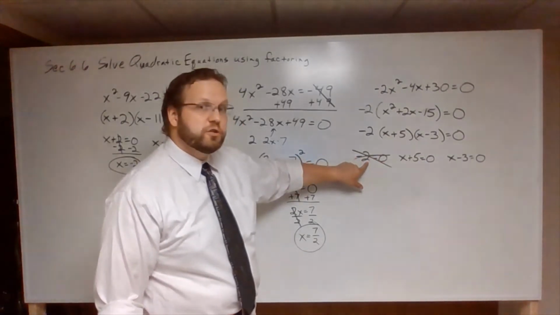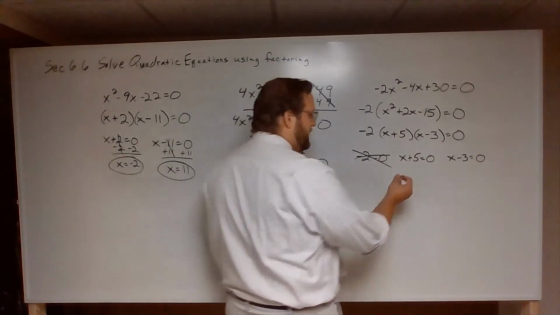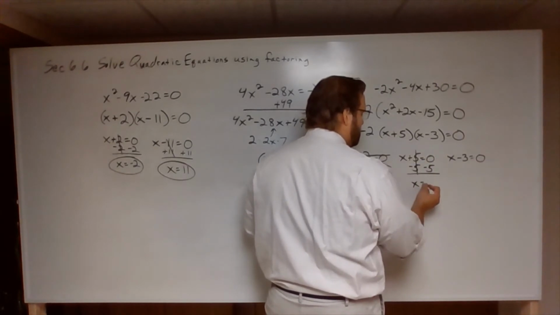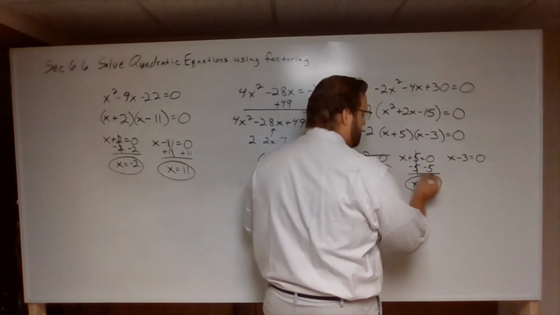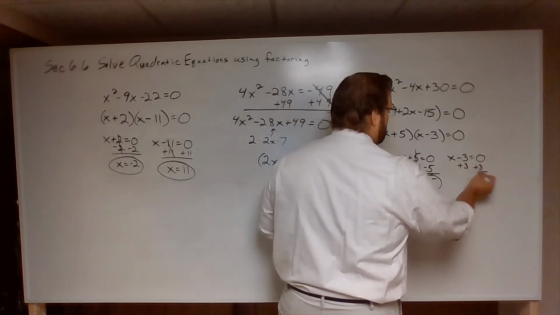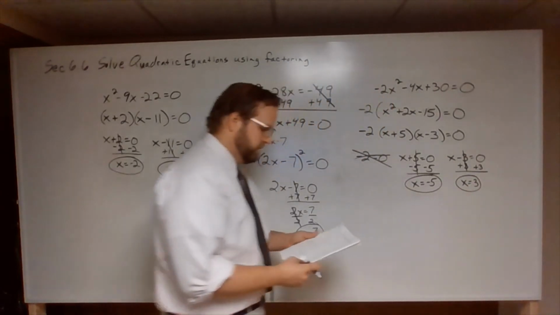Okay, but when it's just a numerical GCF, I can just toss it away. And then my answers are a negative 5 and a positive 3.